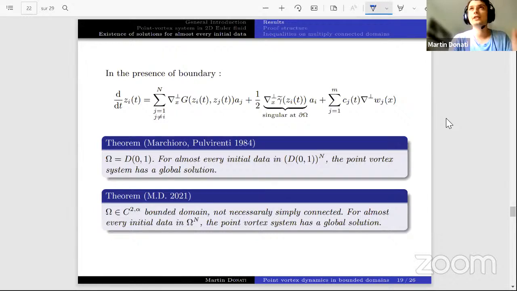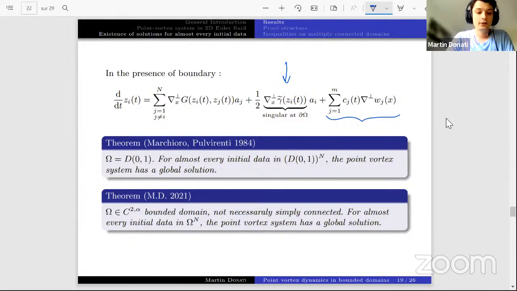Now, what changes with the boundary, in the presence of boundary? So you have other terms. So this one, we said it is smooth, it's bounded, it's everything we want, so it doesn't cause any problem. But we have this term, the gradient of the Robin function, which can become singular if a point hits the boundary.